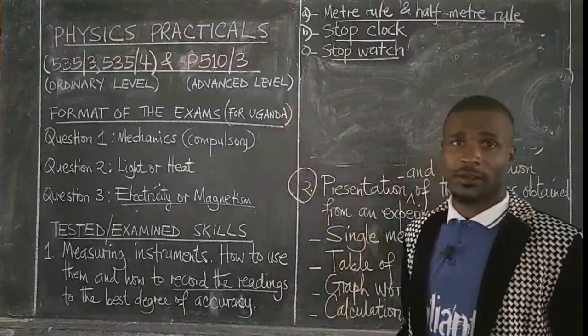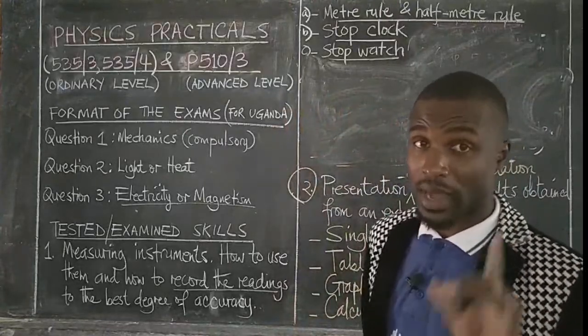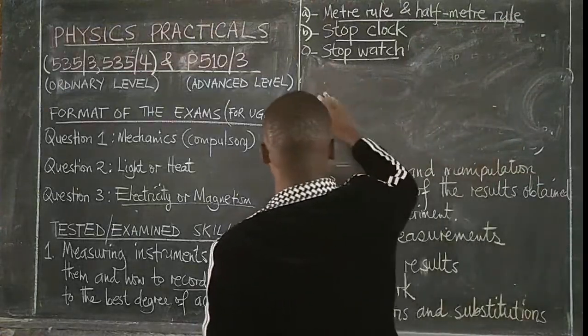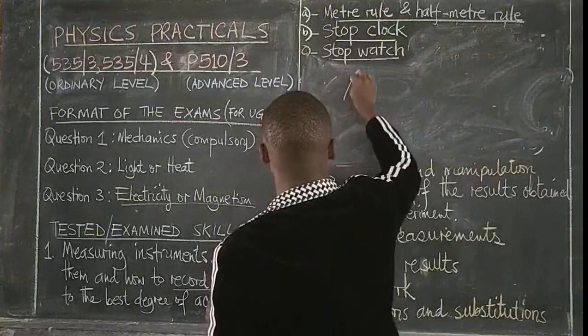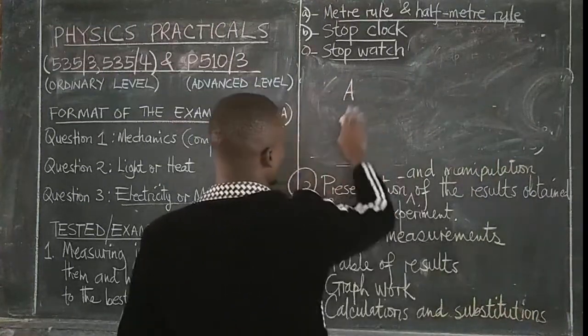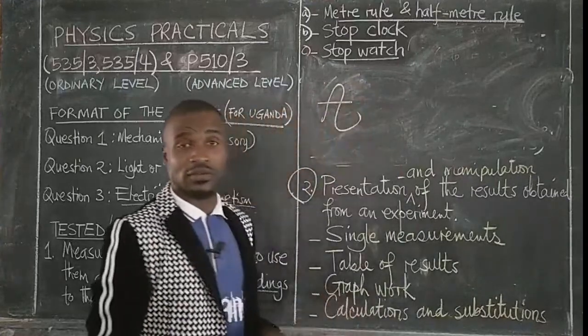Maybe one more thing. Please ensure that you write properly. Appropriate letters should be used. Capital A has to be a capital A. Write the capital A properly. Please, this is not fine art.